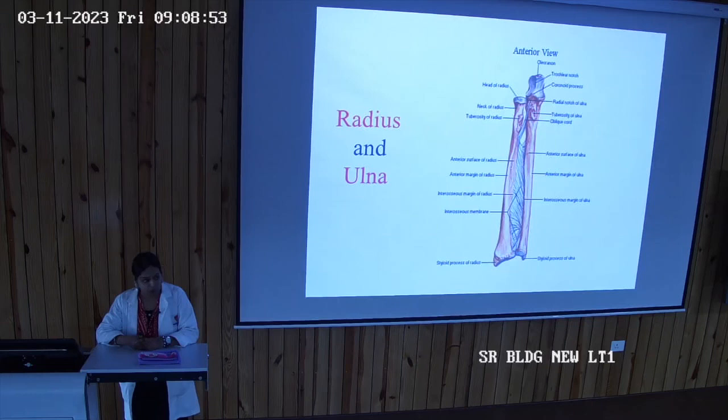So radial notch along with the annular ligament which encircles the circumference of radial head, they form a fibro-osseous ring. Osseous, bony comes from the radial notch, and fibrous, that is the fibrous band of annular ligament. So articular surfaces are formed by the circumference of the radius and radial notch, and this joint is stabilized by the annular ligament.